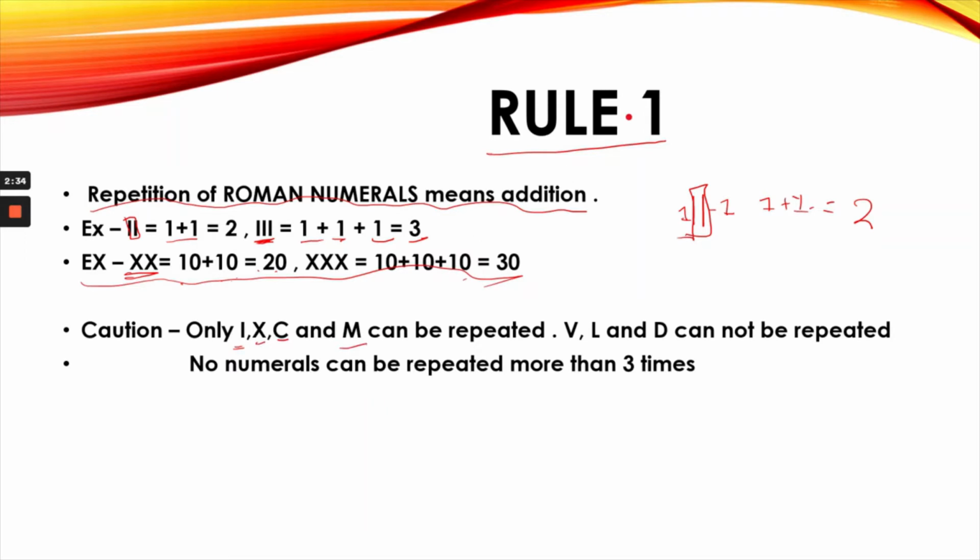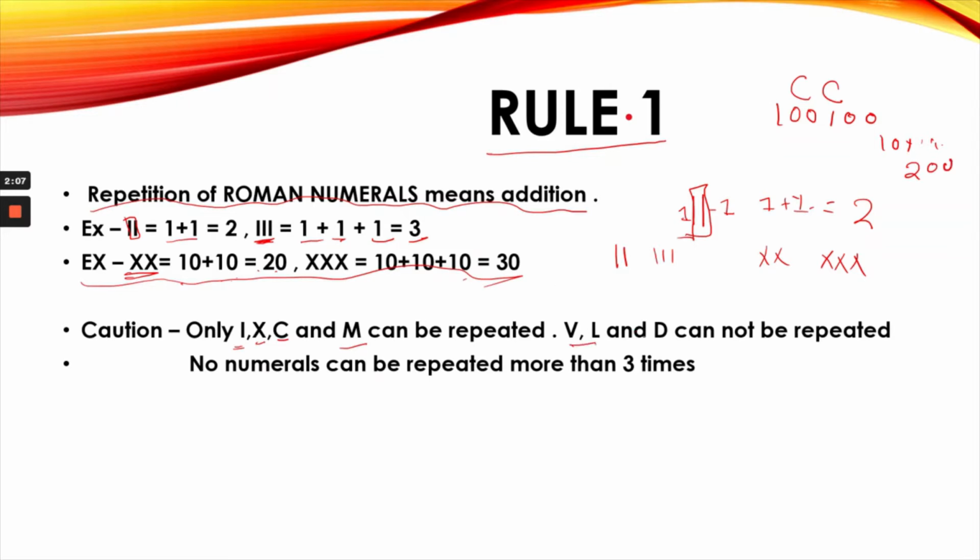I is 3 when repeated, X gives 20 and 30. And C also: C is 100, so C plus C is 100 plus 100 equals 200.